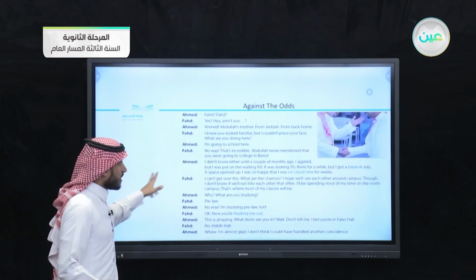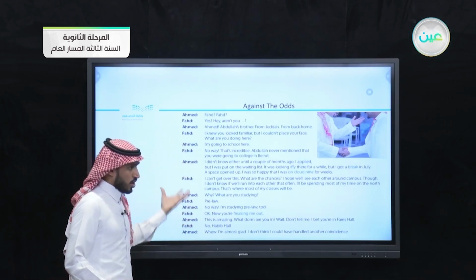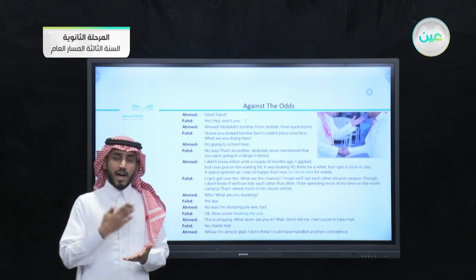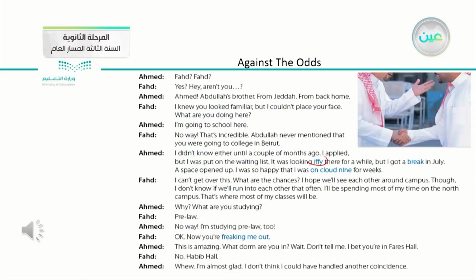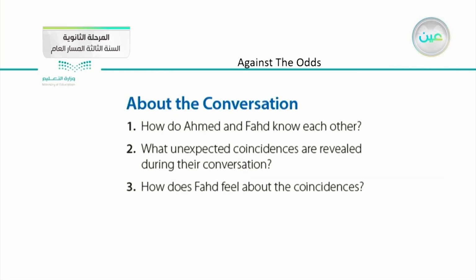After we listen to this conversation one more time and answer the questions, we will talk about the meanings of the highlighted words or the words written below. So now we will listen so we can be able to answer these three questions.